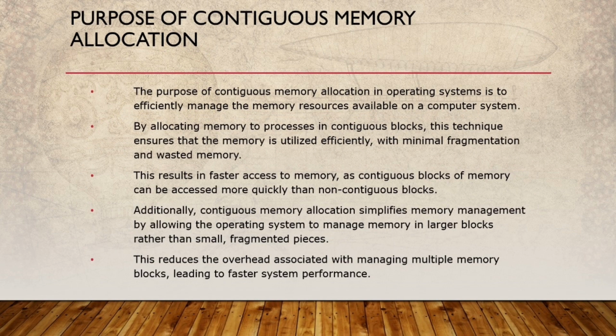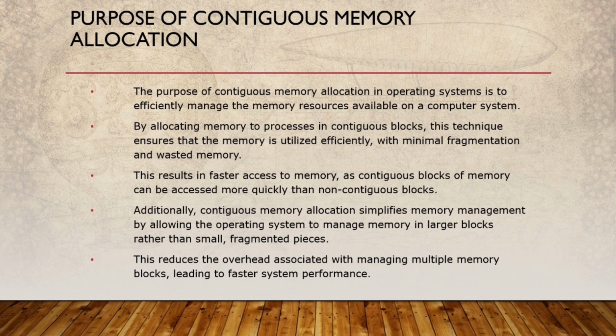Purpose of contiguous memory allocation. The purpose of contiguous memory allocation in an operating system is to efficiently manage the memory resources available on a computer system. By allocating memory to processes in contiguous blocks, this technique ensures the memory is utilized efficiently with minimal fragmentation and wasted memory.